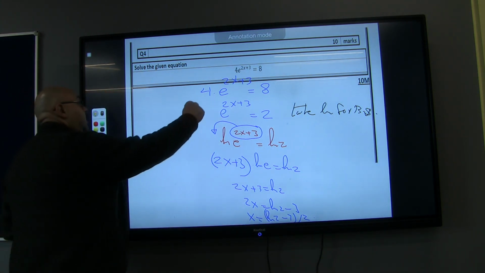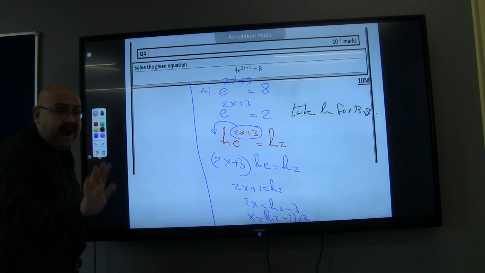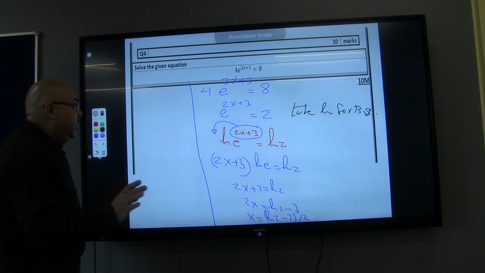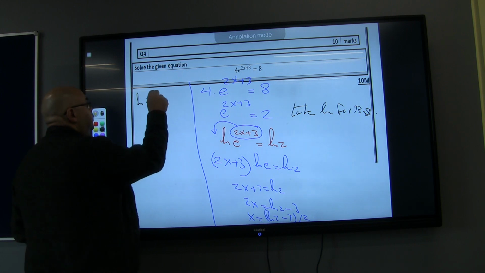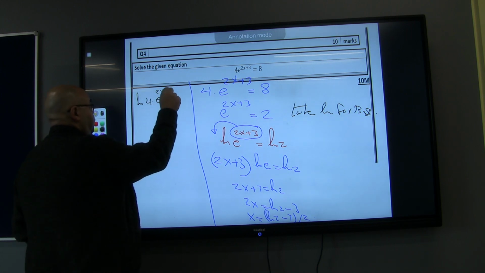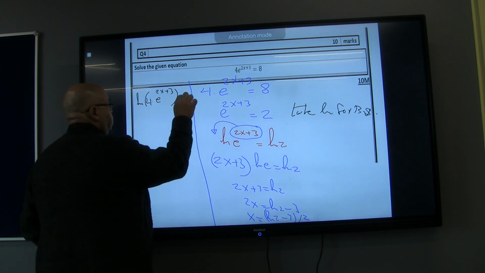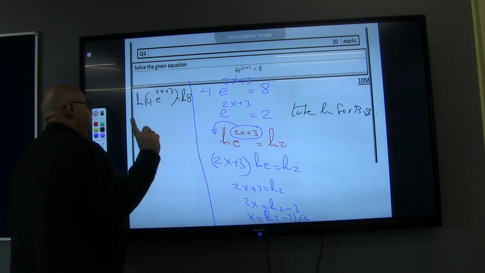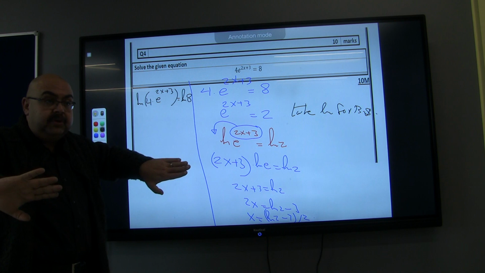If you like to take the logarithmic function from the first step, it's okay, but you have to manage it well. If you take ln for both sides, it's going to be ln of 4 times e to the power of 2x plus 3. Remember, all this side has the logarithmic function in it, which is going to equal ln 8. So first of all, before moving your power, you will have to separate these two parts.